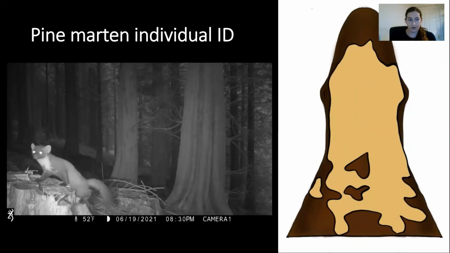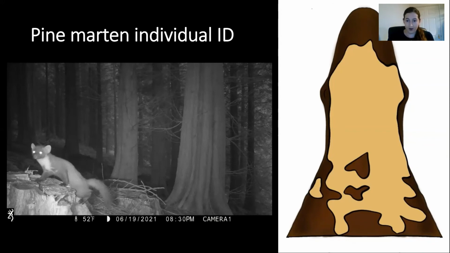So a second part of this project has been focusing specifically on pine martens, which have recently been reintroduced to the Forest of Dean, and we're trying to monitor the population as it grows. Each pine marten actually has a uniquely marked bib pattern, a sort of pale creamy fur underneath the chin and across the chest.